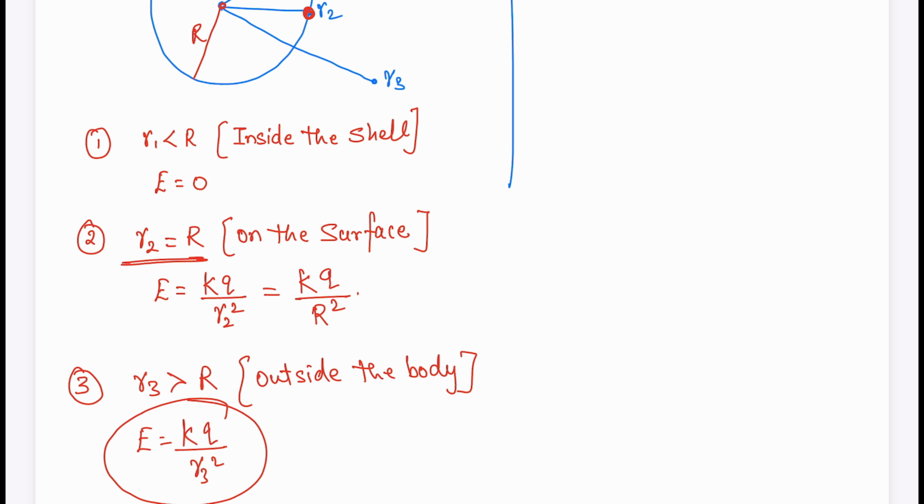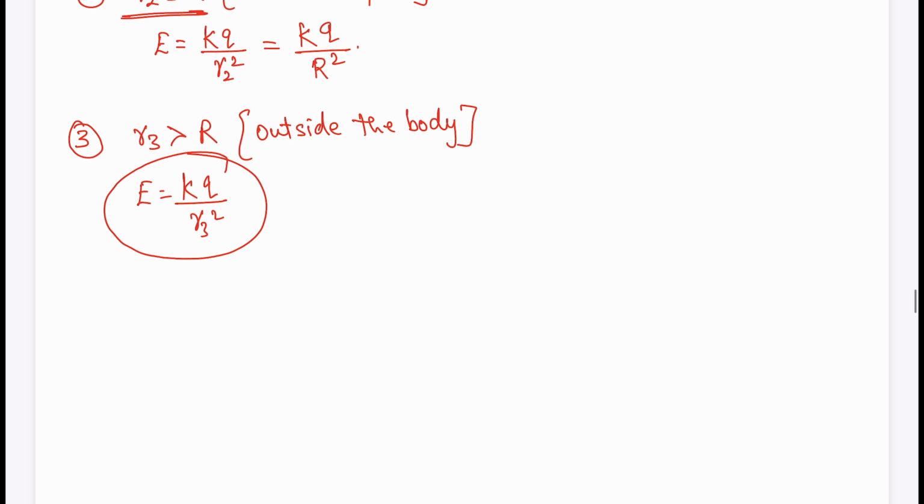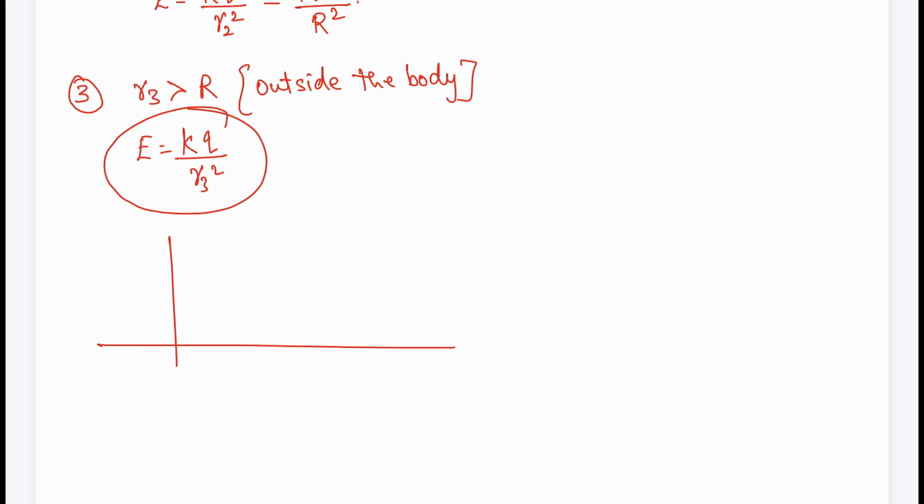Okay, now make a graph for this. Let's say this is your radius R, R equal to R2, and here is R3. When you have a value less than R, what is the answer? The answer is 0. This is your graph, electric field is 0.